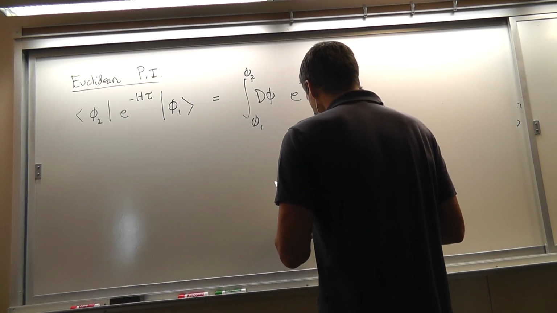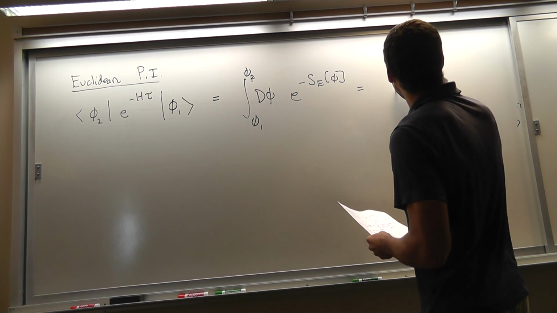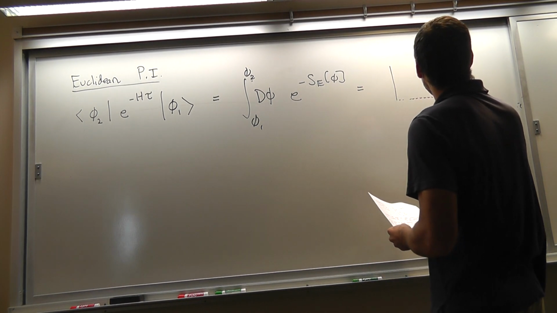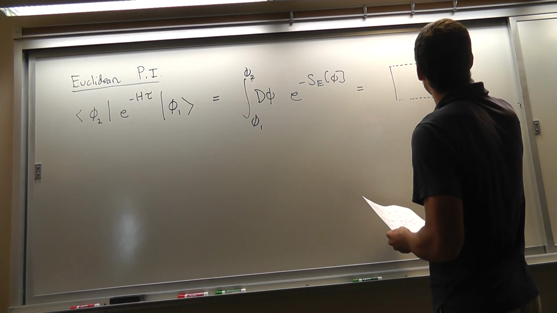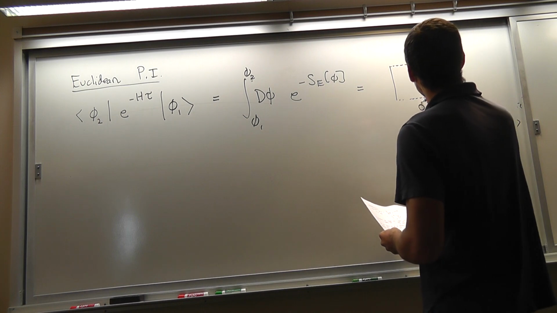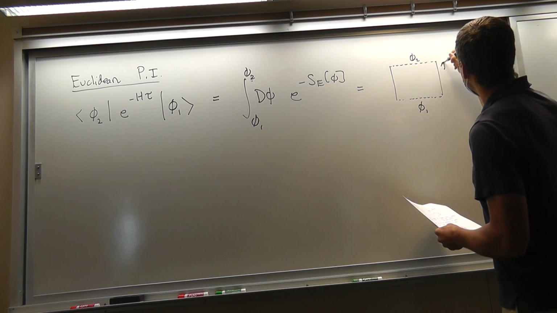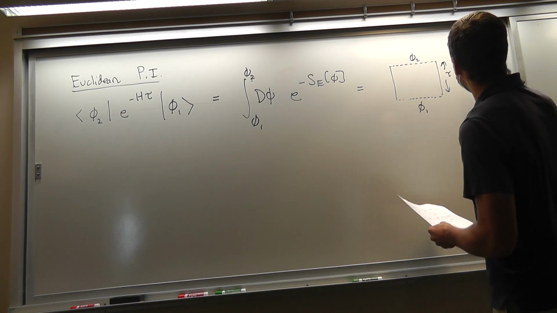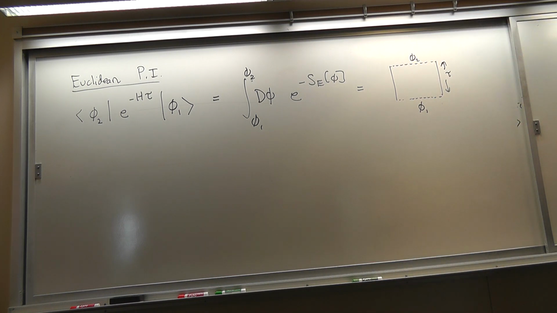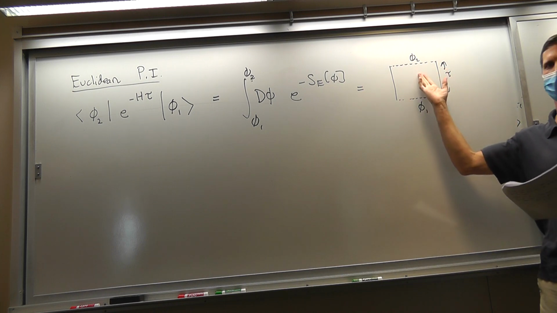I'll also draw this as a cartoon. Okay, the cartoon looks about the same. There's a phi 1 at the bottom, a phi 2 at the top, but now at an evolution tau. This diagram looks a lot like the previous one.